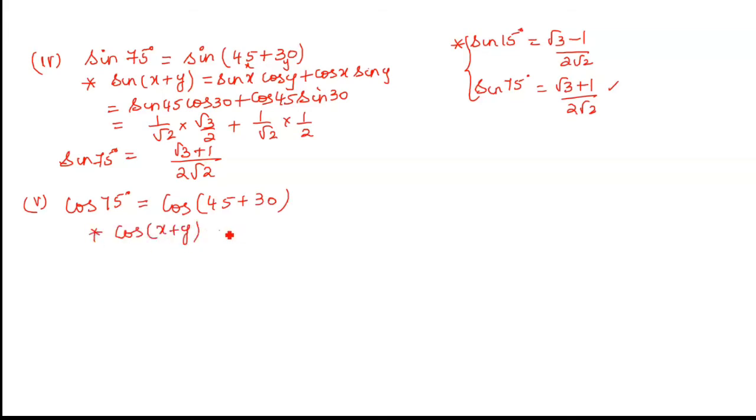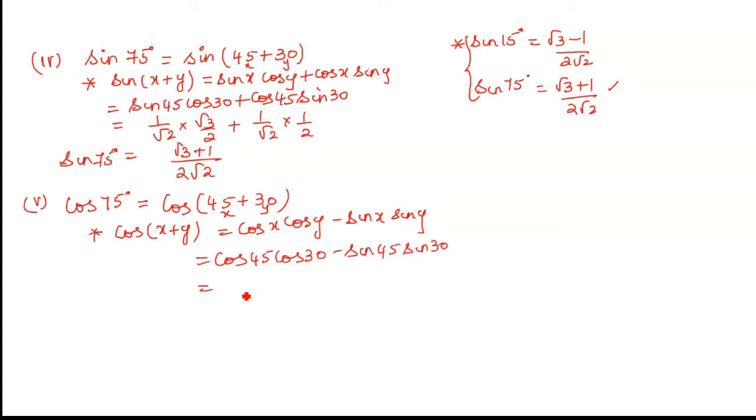So cos x plus y is equal to cos x cos y minus sin x sin y. So this is x and y. So therefore that is equal to cos 45 cos 30 minus sin 45 sin 30. So cos 45 is 1 by root 2, cos 30 is root 3 by 2, sin 45 is 1 by root 2 into 1 by 2. So what you found?